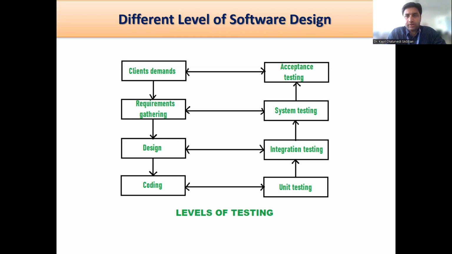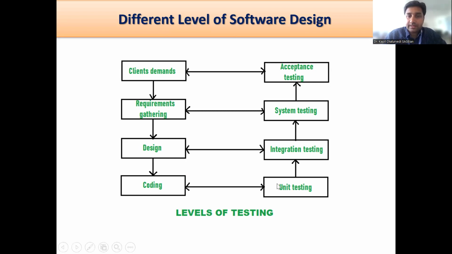Many kinds of models are available, hundreds of models are available. So we have to decide what kind of model we have to adopt. We'll decide in the design phase, and then we will go to the coding phase and implement the actual thing by writing the code.